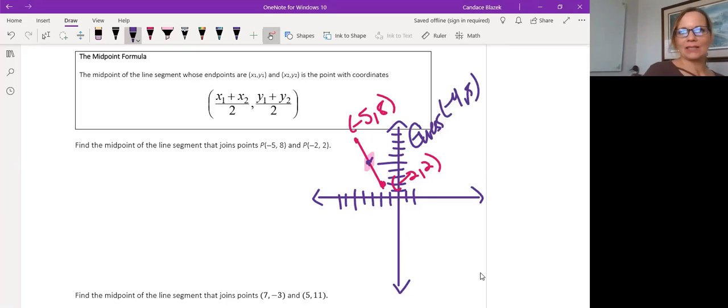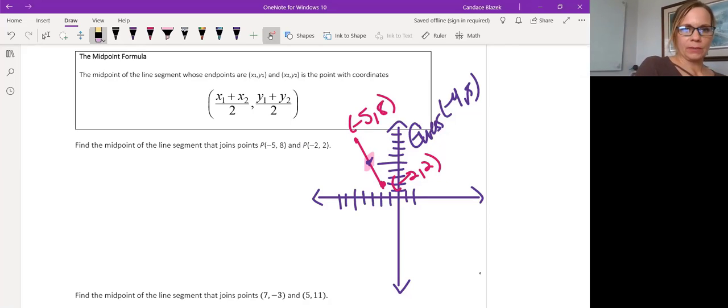But it's not about guessing, right? We want to find the exact point. There's one point that's the exact distance between the two, and we want to find it. So this point, -5, 8, that's going to be my x1, y1. And the second point, -2, 2, will be my x2, y2.